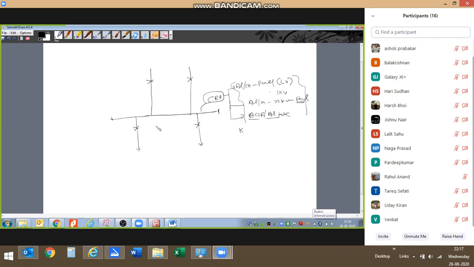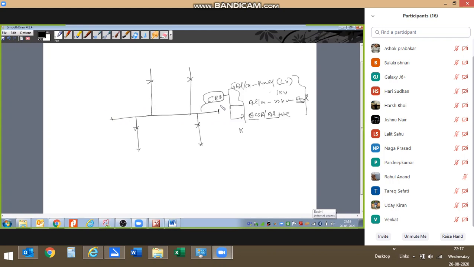For this switchyard, to make the single line diagram, first we have to study the bus bar scheme: what types of bus bar scheme are available, what are the advantages and disadvantages, and why this bus bar scheme was developed, because the system is extra high voltage or ultra high voltage. This is basically your country's grid distribution and transmission.